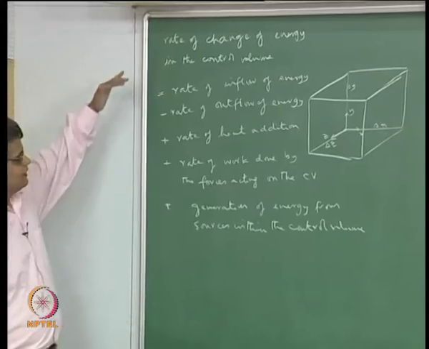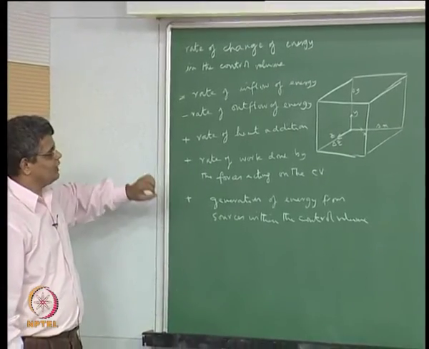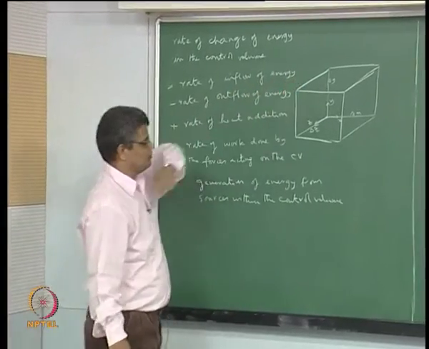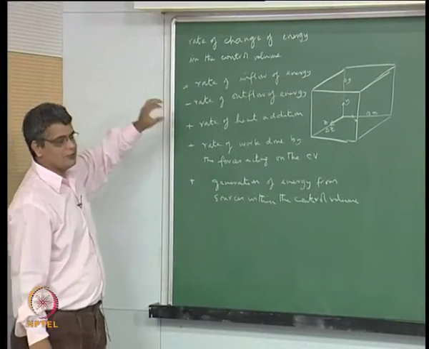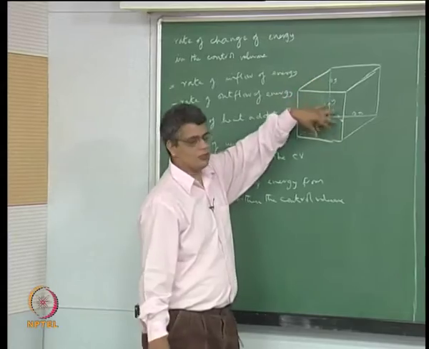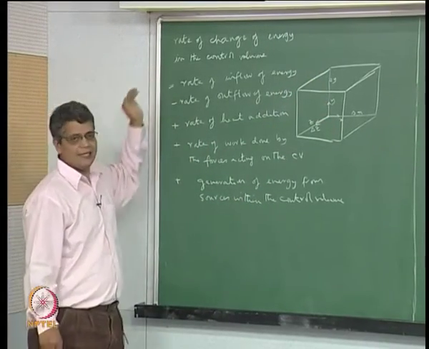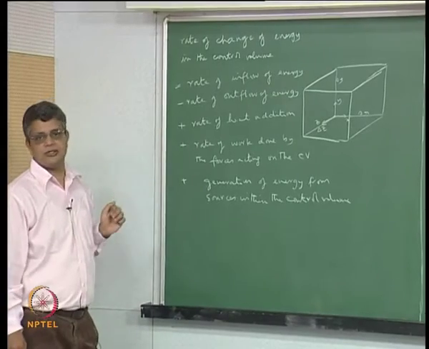Okay, so this gives us a statement of the balance of the energy that is contained within the control volume, or energy possessed by the fluid which is contained within the control volume. Now first of all we have to clarify what we mean by energy here. What energy are we talking about?